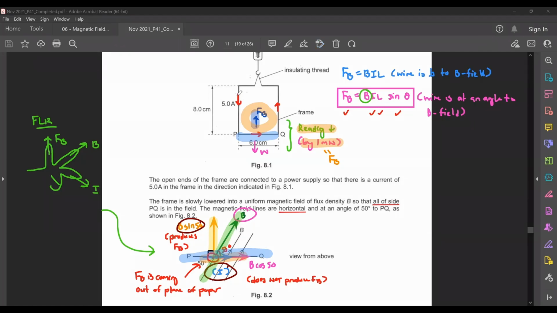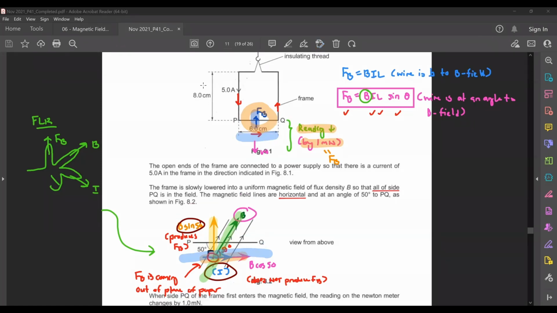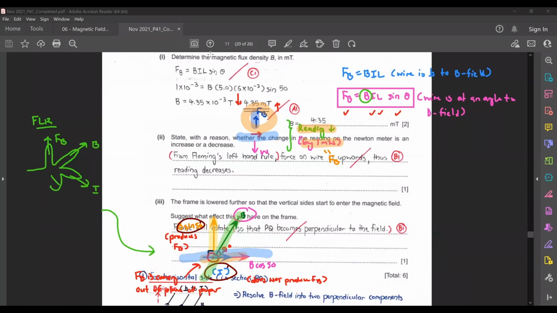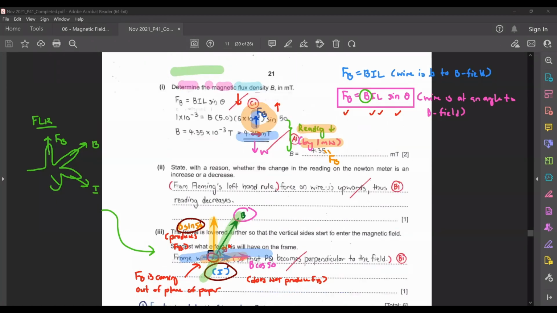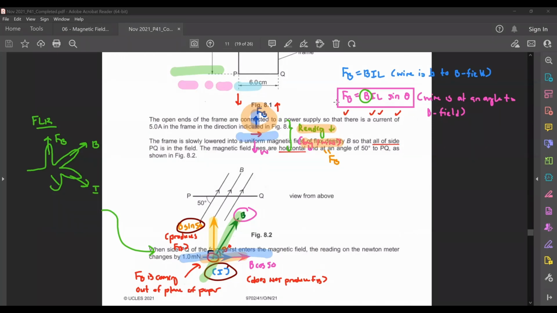Now, if you look at the workings inside the worked solutions, you would use the equation FB equals BIL sine theta. Your magnetic force, as discussed, was actually 1 millinewton, so it's 1 times 10 to the power minus 3, equate it to your flux density, multiply with your current of 5 amps, and then multiply with the length of your wire inside the magnetic field, which is actually the length of section PQ. The length of section PQ, you can see that it's 6 centimeters.